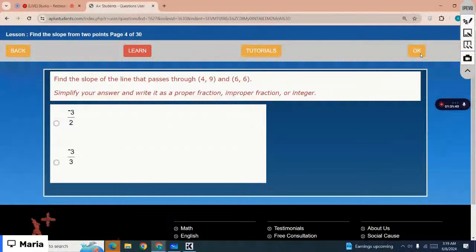Yes, that is negative 3 over 2 is the correct option. Yes, first one it is. Very good.